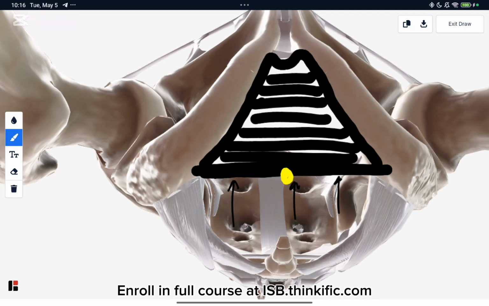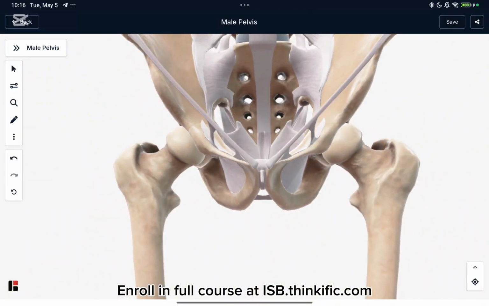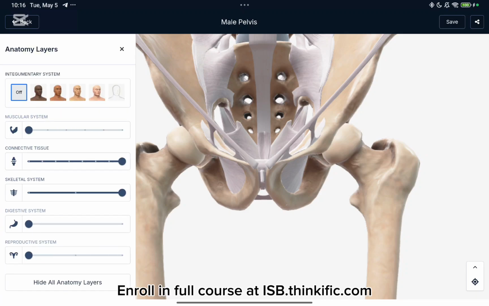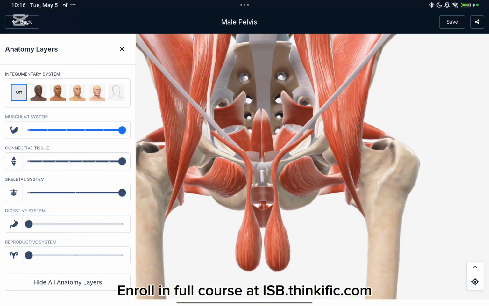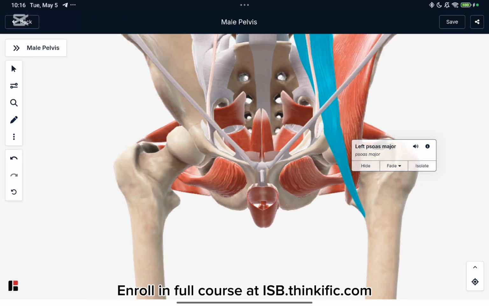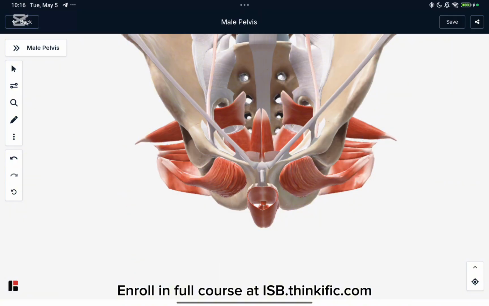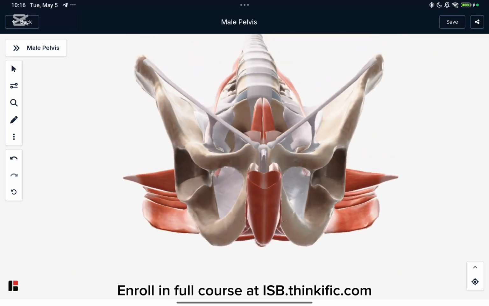Now I have to tell you a concept. For that concept to be clear, I want to put in some muscles here. Let's hide the ones that we don't want. This is iliopsoas and iliacus. Let's remove the femurs as well, and remove obturator externus. Go down below.